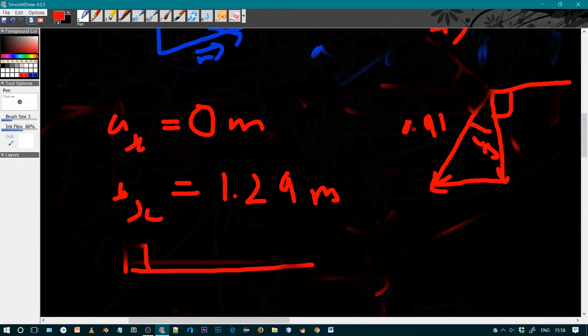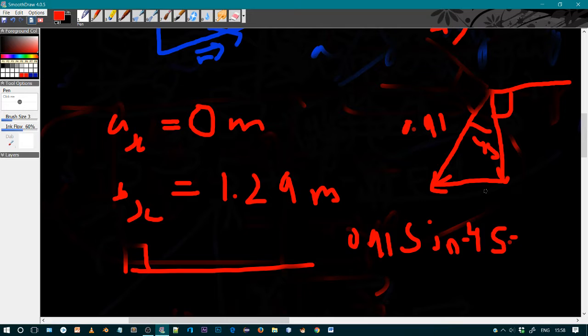So to find the x component, I do sine 45 into 0.91, and it will be minus 45 because the value of x is in the leftward direction.